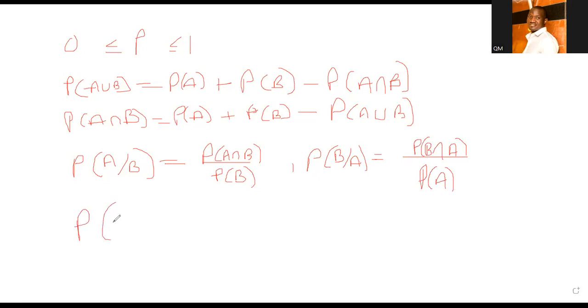All right. So suppose I asked you to find the probability of B given A complement. Who can expand that for us?